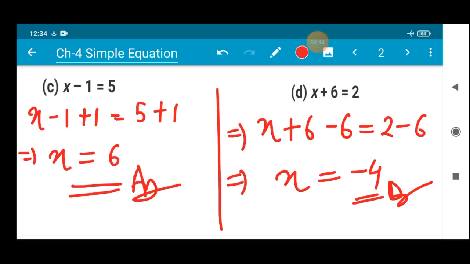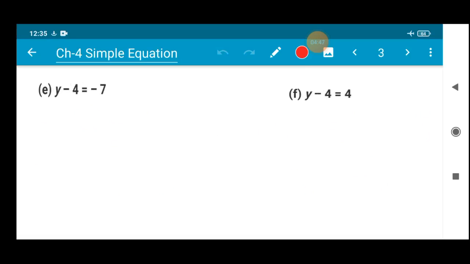I hope you have understood, right? The question is very easy. I request you all to do it with me, because the process is simple. You will understand whenever you do it with me. Okay, so y minus 4 on the left hand side should be added with plus 4. Why? Because minus 4 is there, so plus 4 should be added.